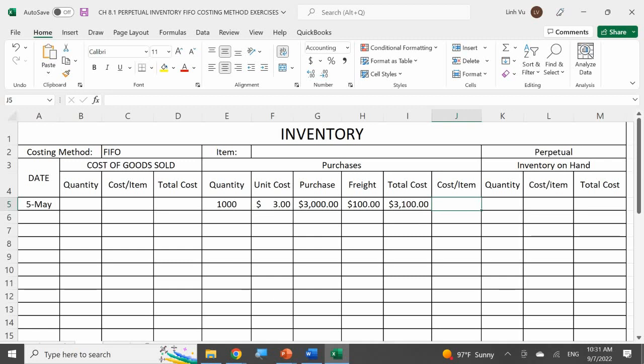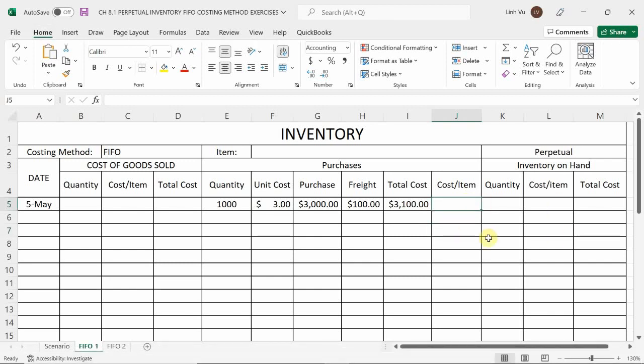So in this case, what would be my cost per item? So 3,100 divided by 1,000.